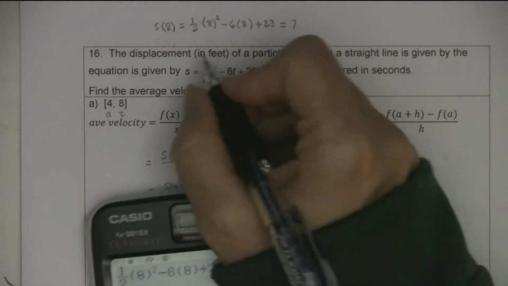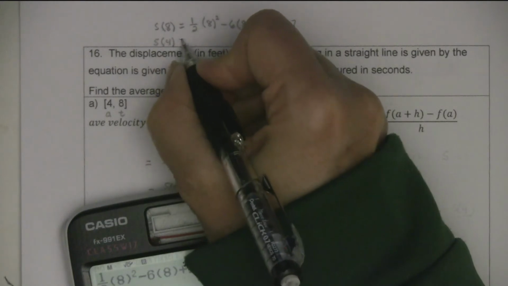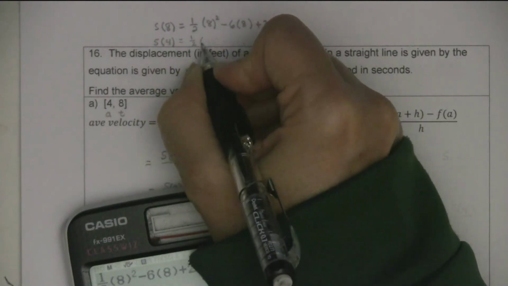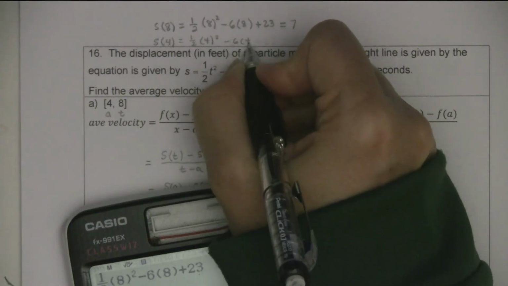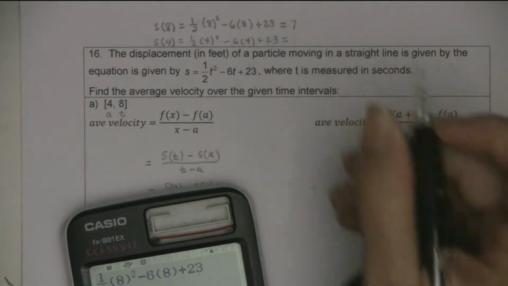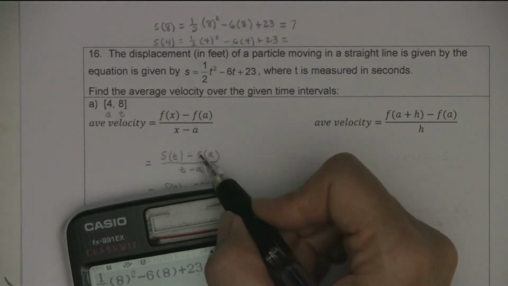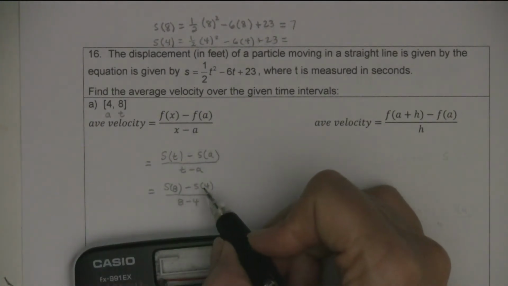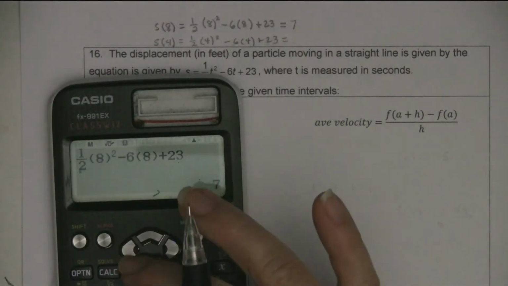And then we want to do the same thing for S at 4. And I'm writing it out so that you know what I'm doing, right? I'm putting in for the input 4, right?